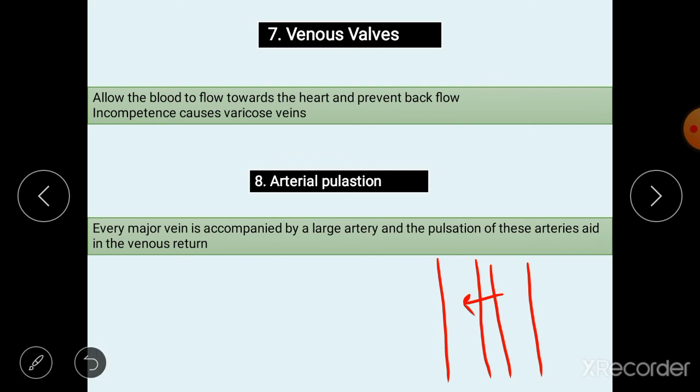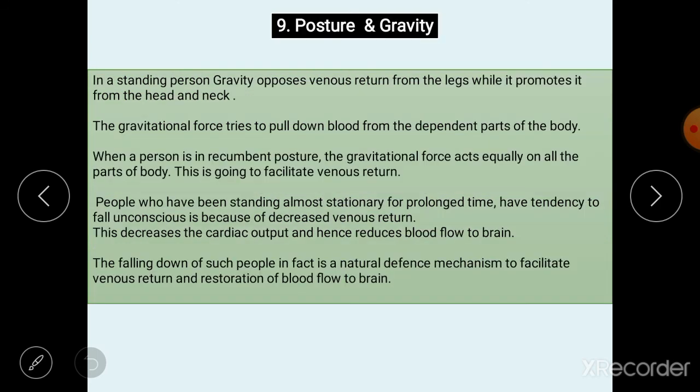So every time your aorta expands, it squeezes the vena cava right next to it and causes the blood to move from the periphery towards the heart. So the pulsations of large arteries which are present around the veins also help to push the blood from the periphery back towards the heart.